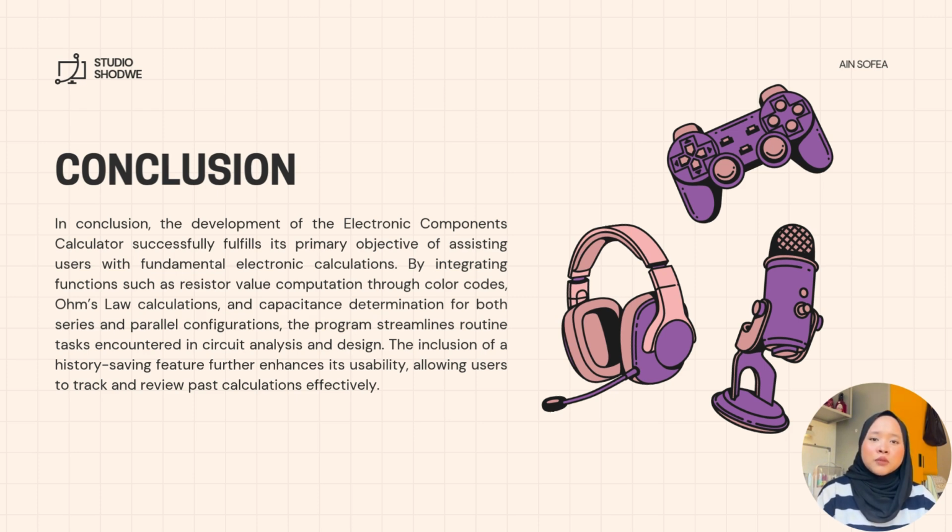The program streamlines routine tasks encountered in circuit analysis and design. The inclusion of a history-saving feature further enhances its usability, allowing users to track and review past calculations effectively.